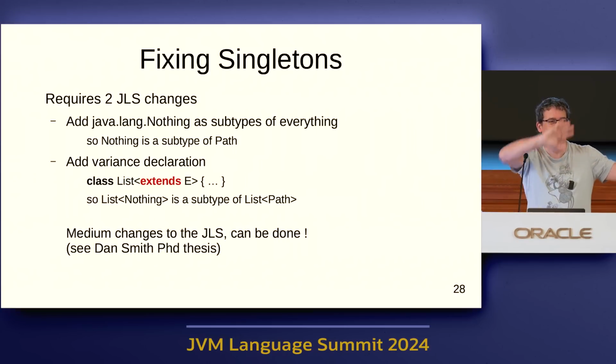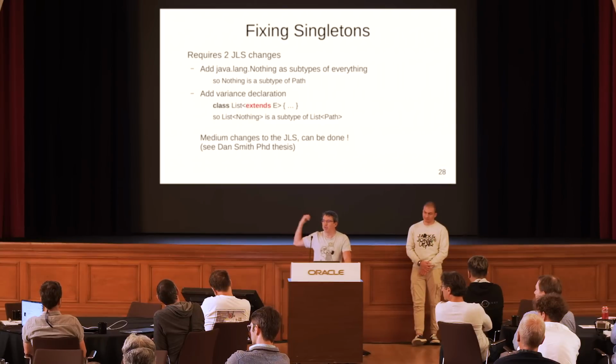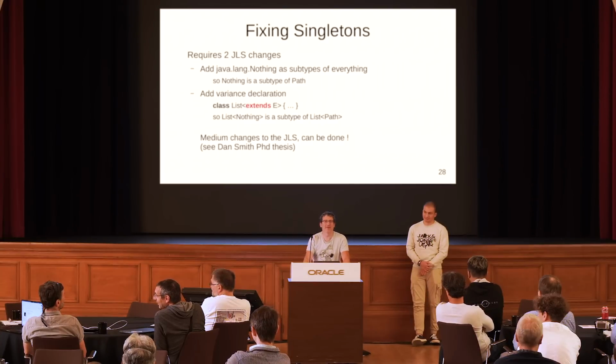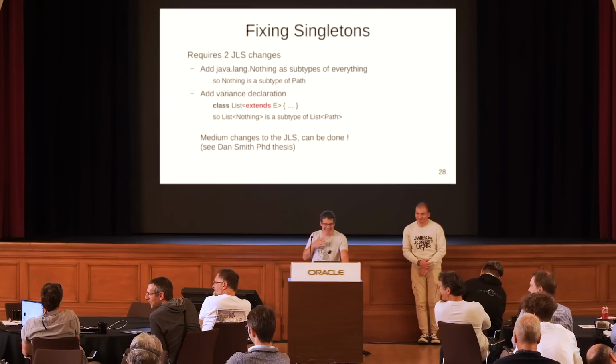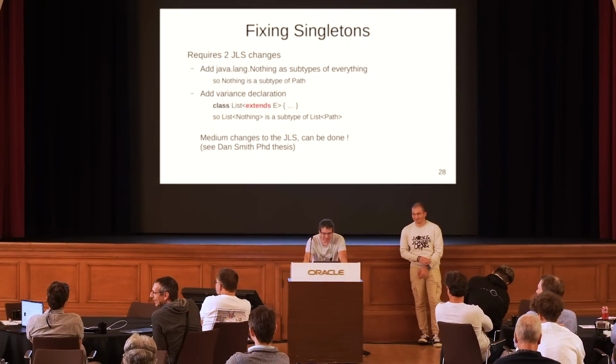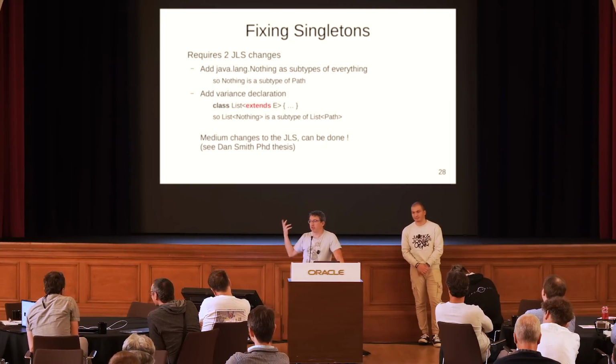All the casts will work. I think it's basically a part of your PhD thesis, which is about how to implement this kind of thing. I have only read the summary. Okay, that's okay. But this is something that can be done, but it's not a small feature.